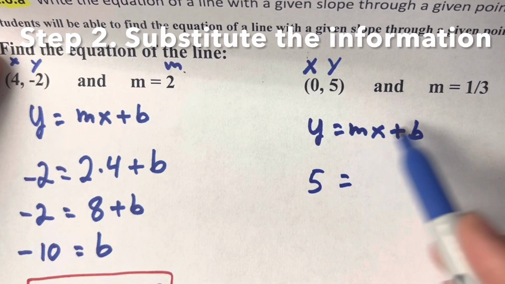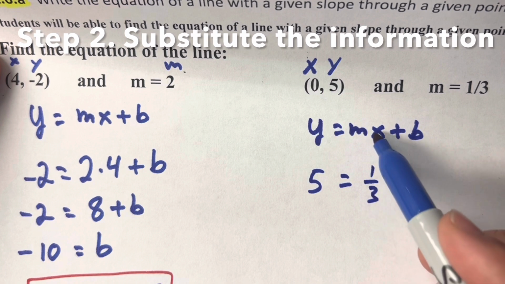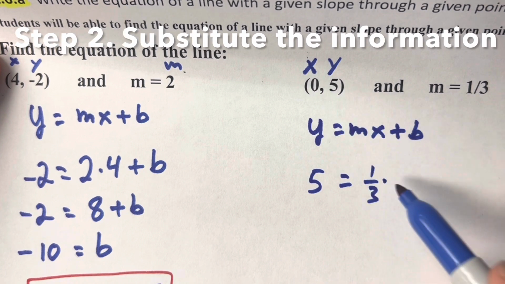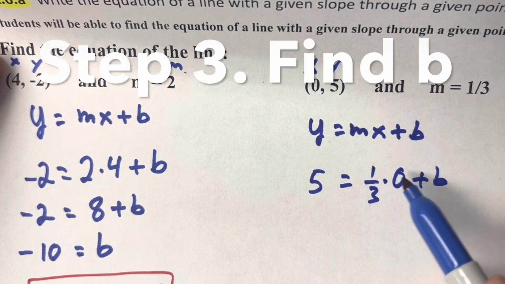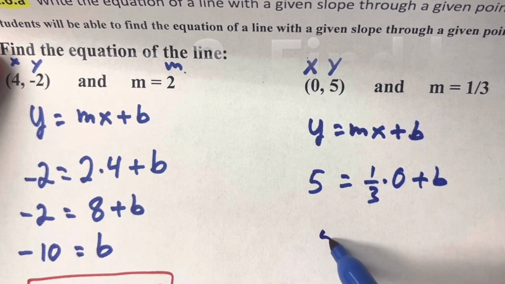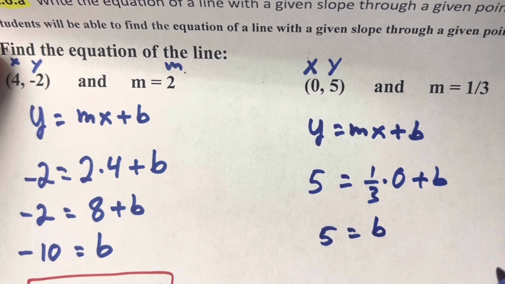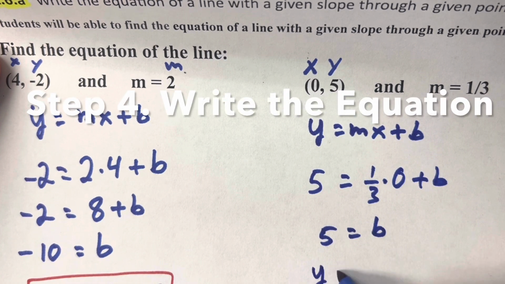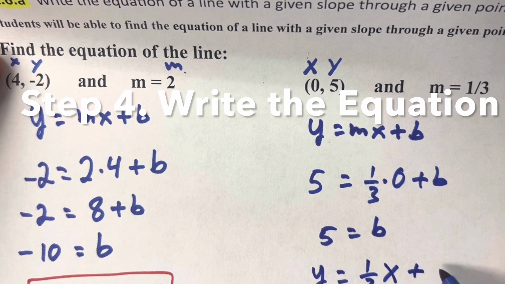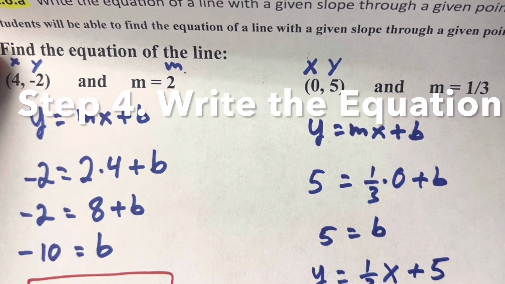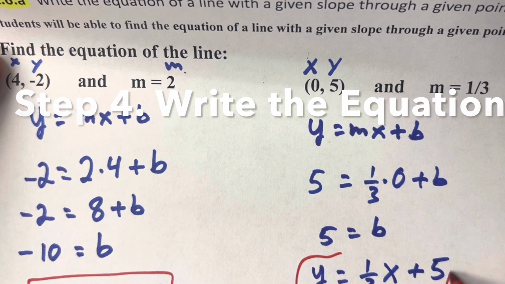It's equal m is 1/3, times x, but x is 0, plus b. So 1/3 times 0 is 0. So 5 is equal b, and now we write it. So y equal 1/3 of x plus 5. So that's my equation. So ready, it's done.